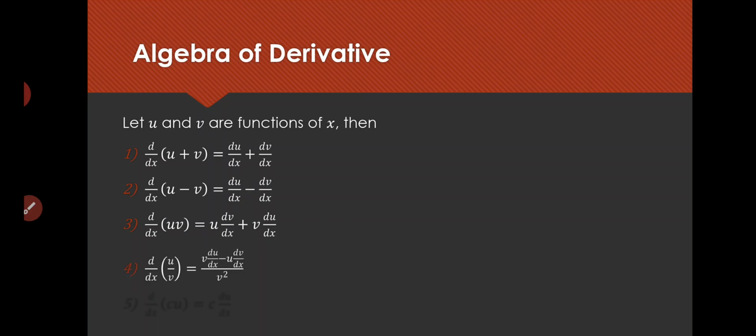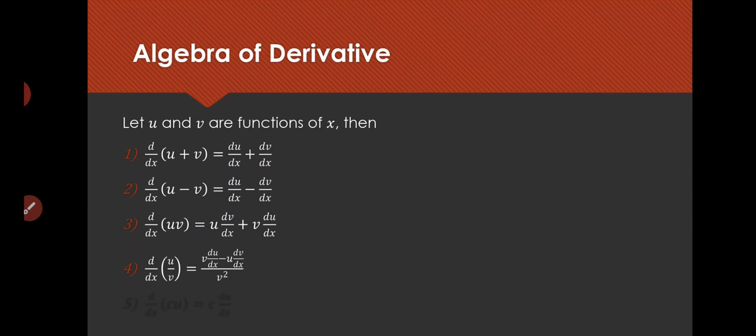And finally we have the division. Now in case of division, it is a little bit complicated, not that complicated once you get used to it, but at the beginning it may seem a little bit complicated. So what you have is the denominator times the derivative of the numerator, minus the numerator times the derivative of the denominator, whole divided by the square of the denominator.